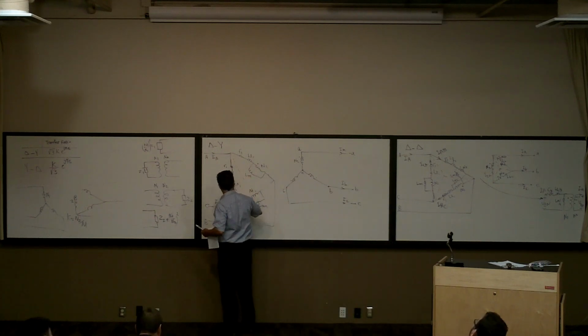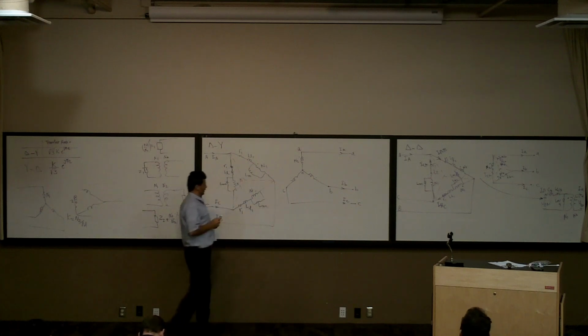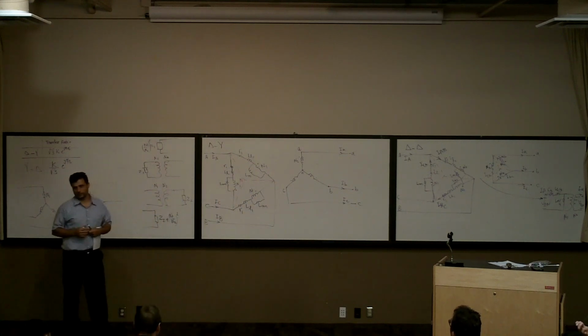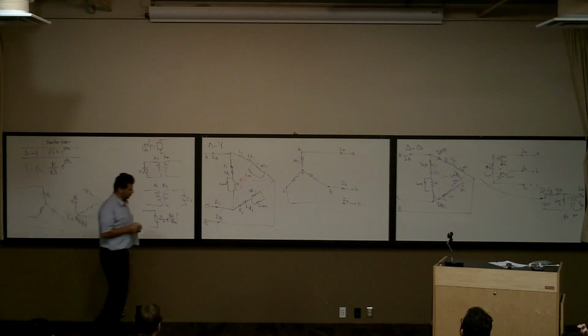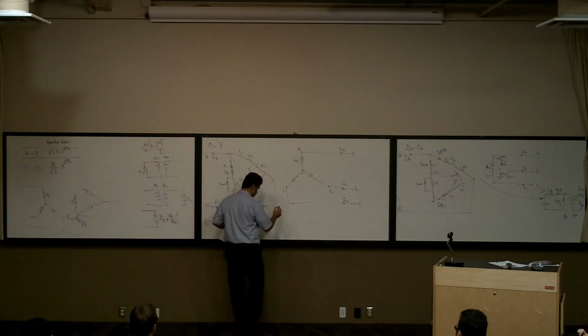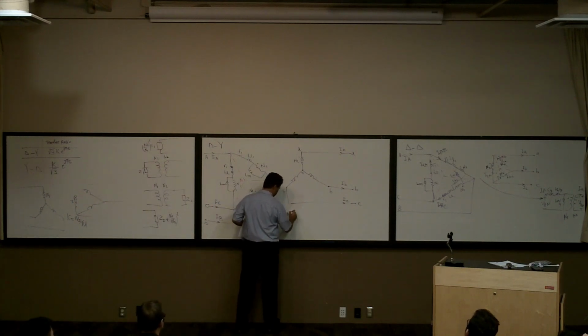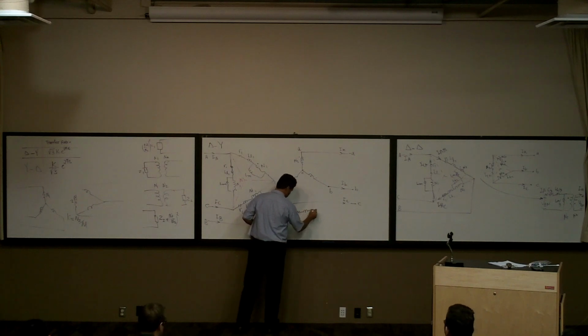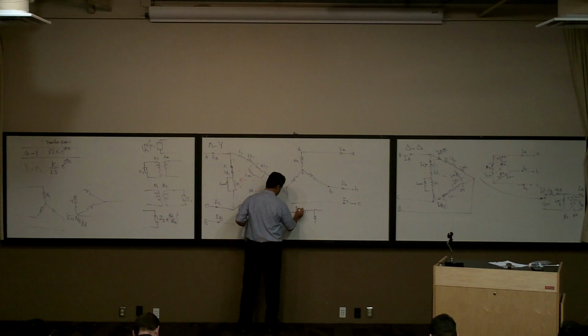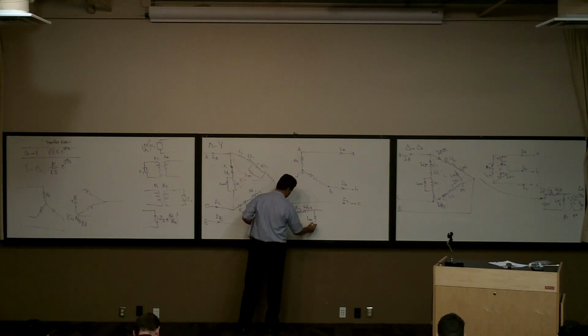Let's call this point N. So basically the impedances are going to be divided by 3, right? So it's going to be like this. A single phase circuit is going to be R1 over 3, LL1 over 3, LM over 3.